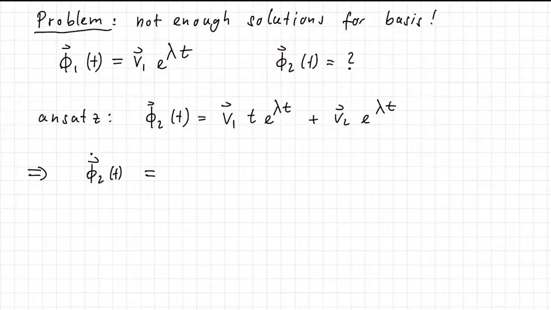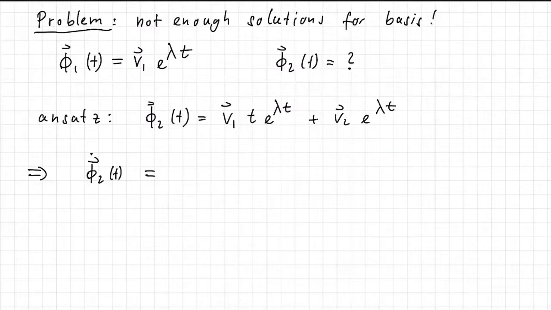so we basically take our previous one and introduce the parameter t additionally, plus v2 times e to the lambda t. You see this is a more complicated solution, and it's not totally obvious that this should be the solution. People have figured this out in the past, and what we're going to do here is basically just check that we can indeed make this into a solution.